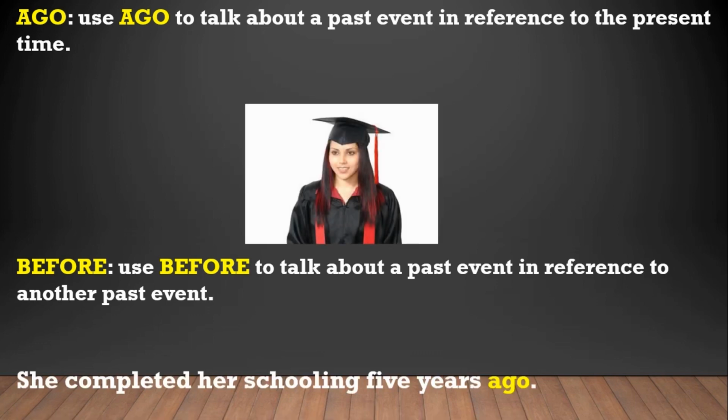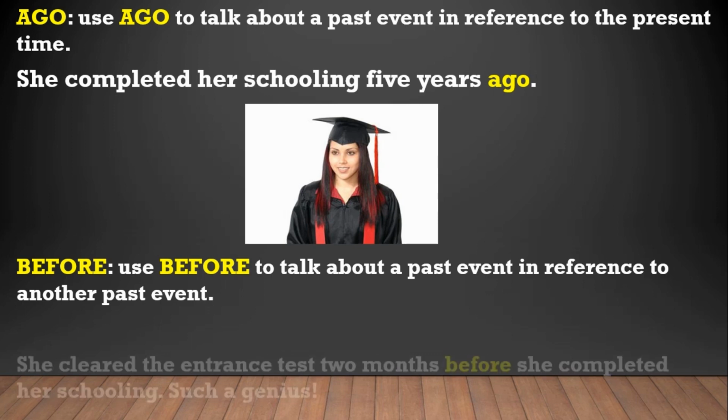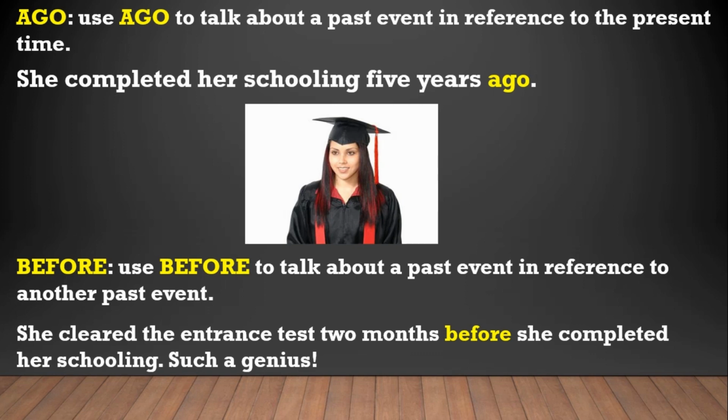Okay, let us look at the examples. She completed her schooling 5 years ago. From now, 5 years ago. We are talking about a past event and we are standing in present time. Before: she cleared the entrance test 2 months before she completed her schooling. Such a genius. Of course she is.